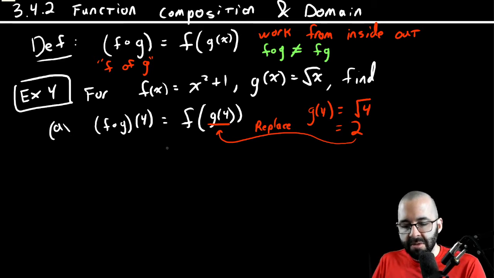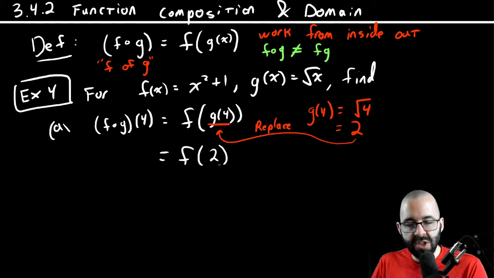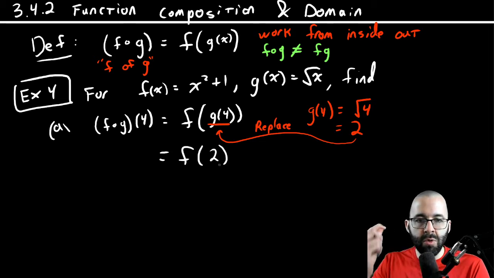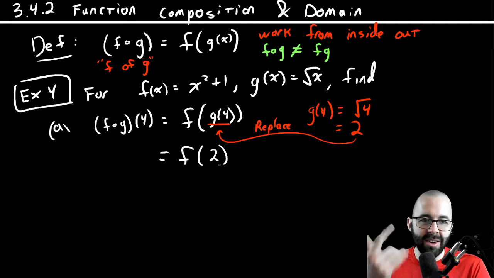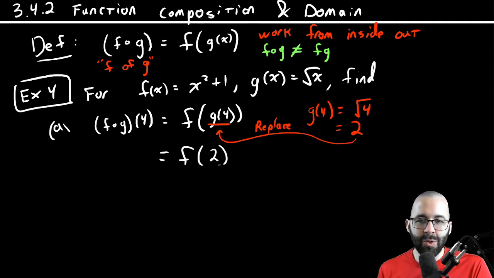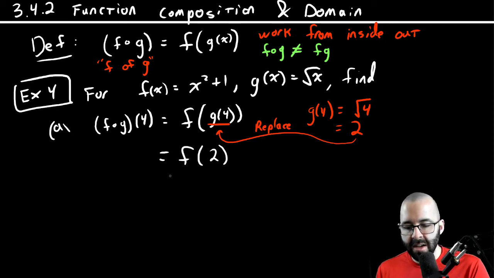So this simplifies to f of g of 4, but we know g of 4 is just 2. So replace the g of 4 with 2, and voila, I can't snap with my left hand very well. Voila, the problem is much easier now. Now again, we have to go to the side and say, what is f of 2?